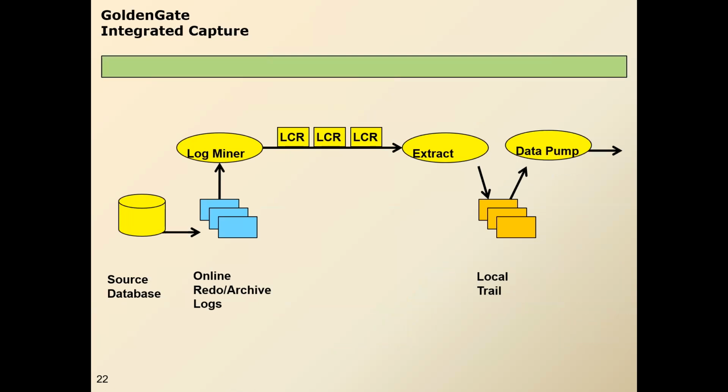Now, a copy of those changes gets written into the log miner database. Okay, so there is a log miner database where the copy of those changes gets written. The transactions will be written into the transaction logs, but the copy of those changes will be written into the log miner database. And then log miner will pass on the changes to the extract process. So this is called integrated extract.